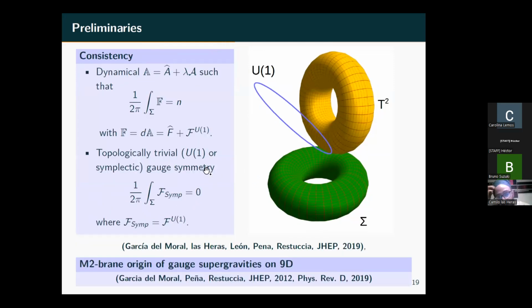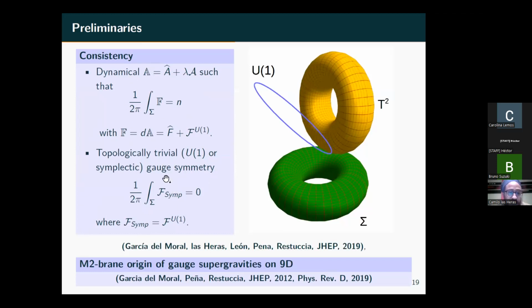The consistency of the twisted torus bundle can be checked in terms of the well-defined flux condition on this curvature, okay, which is the field strength of the connection that has information of the minimal connection, which is non-trivial, and the topologically trivial connection, but the one that has information about the dynamical degrees of freedom of the theory, okay?